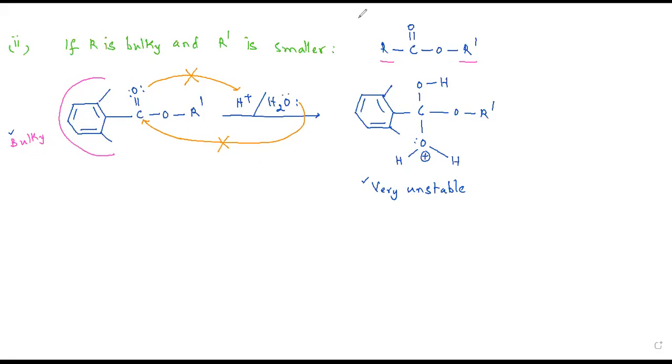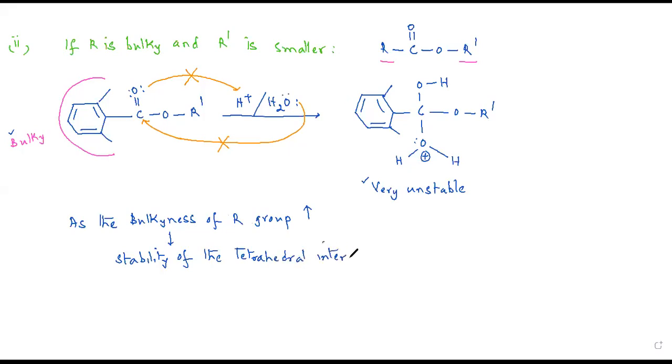And in this case, the interesting part is as the bulkiness of our group increases, the stability of the intermediate formed during this reaction, that is the tetrahedral intermediate, goes on decreasing.